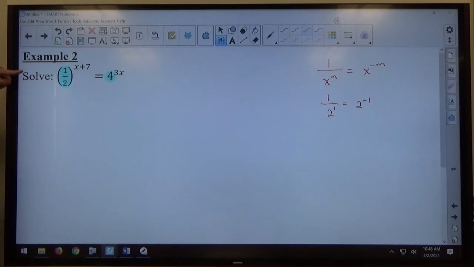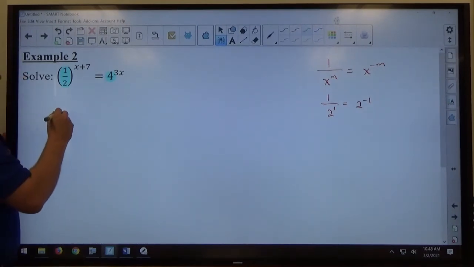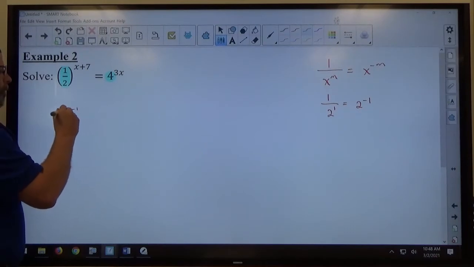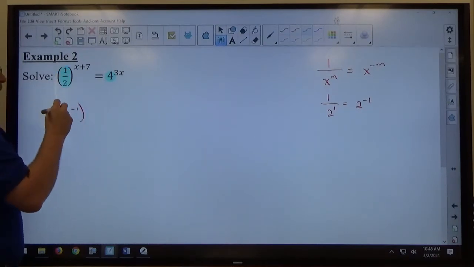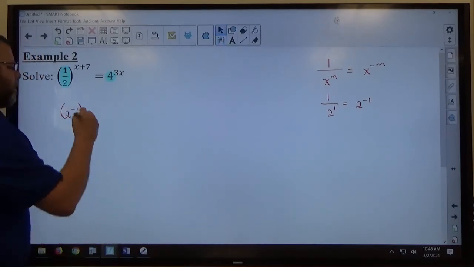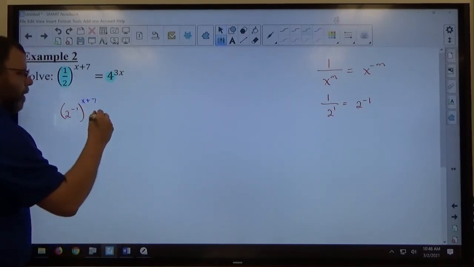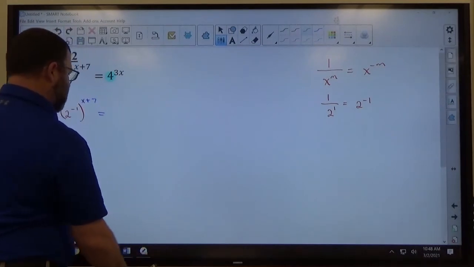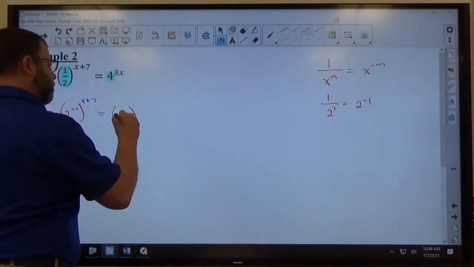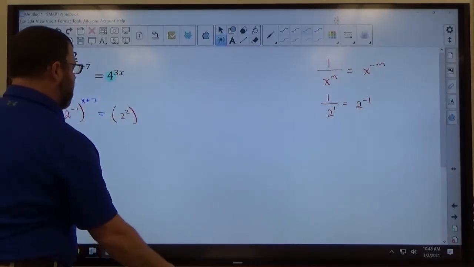So if you do get a fraction structure, you have the capacity to make it a non-fraction structure with a negative power. So 2 to the negative first power is equivalent to 1/2. That's being raised to the x plus 7 power. And 4 is the same as 2 squared, and that's being raised to the 3x power.